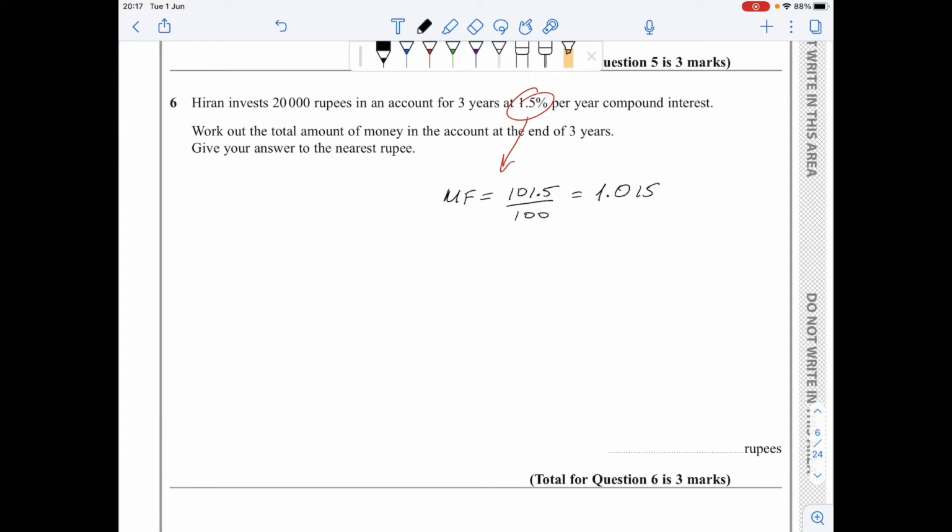So the total amount of money in the account at the end of 3 years can be found by 20,000 times my multiplying factor to the power of 3, because I have 3 years, and this will be 20,913.57, and to the nearest integer, this is 20,914.